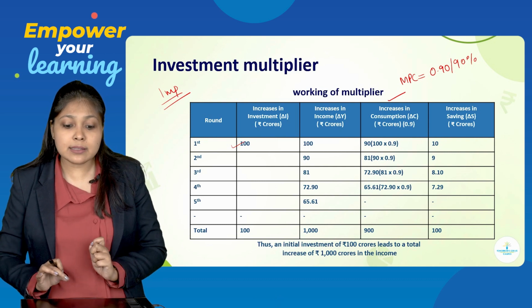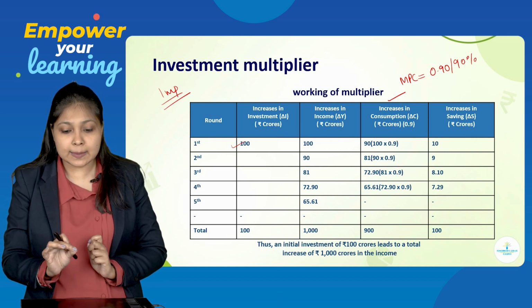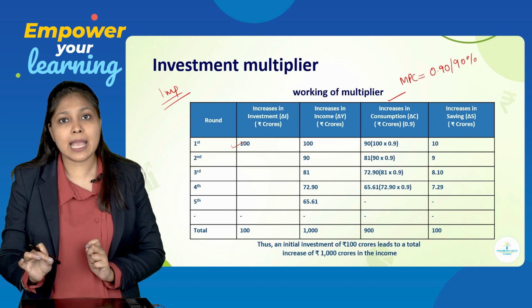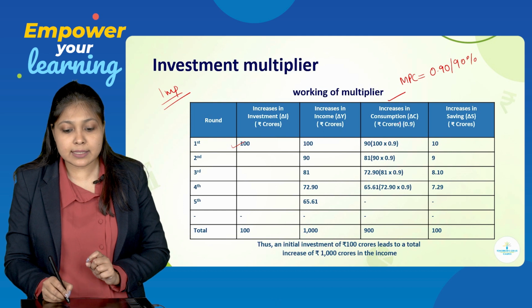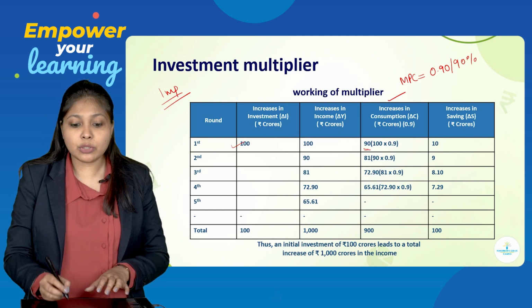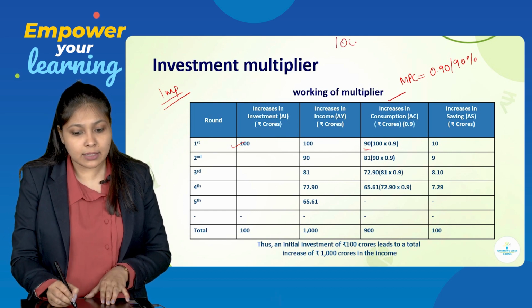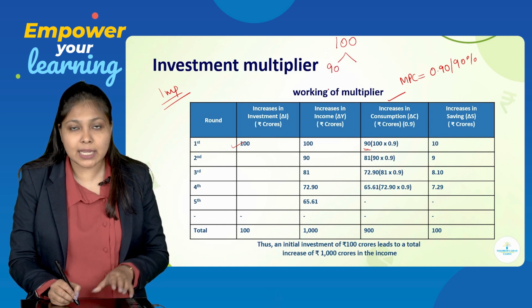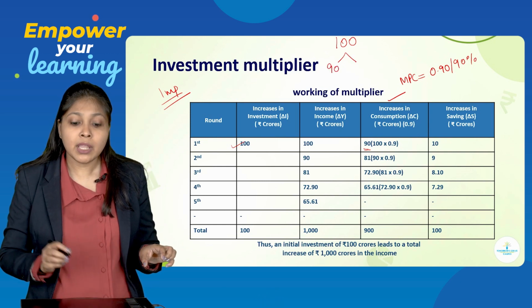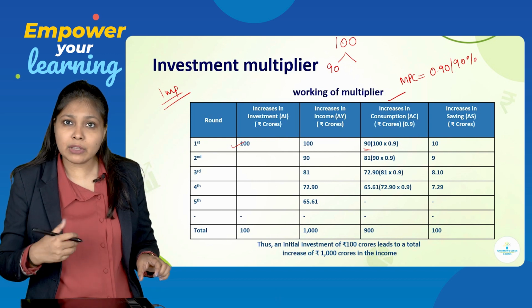So 100% is the income, and 90% has been consumed. 90% of 100 is 90. Out of 100, 90 has been consumed. That is your change in consumption, and the remaining will go for savings.